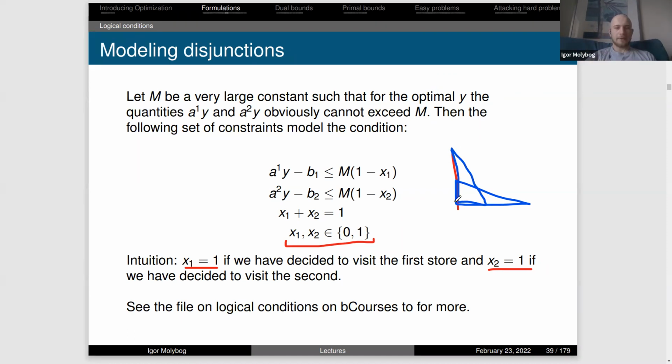So when you put those together, when you have a choice between picking x1 or x2 being equal to 1, your eventual feasible set is the union of the two triangles, which can be not a convex set.